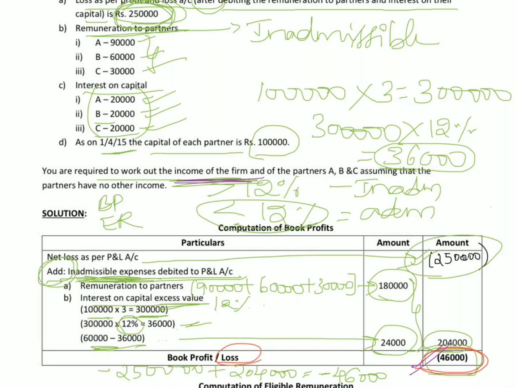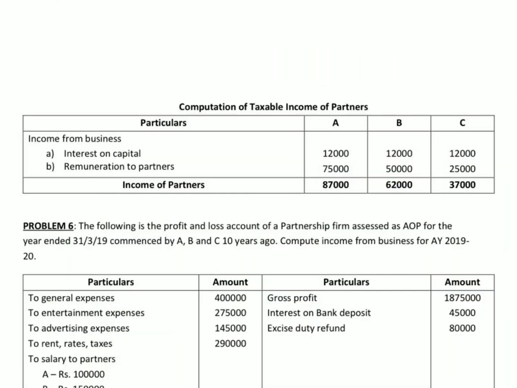They have also asked us to calculate the partners' income, that is, individual partners' income, assuming that the partners have no other income. Okay, let us compute the taxable income of partners.